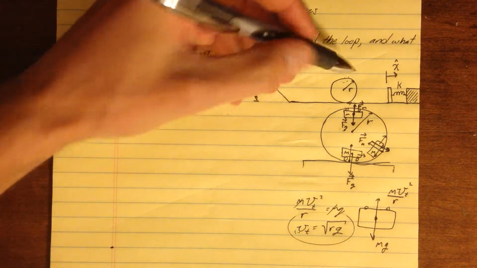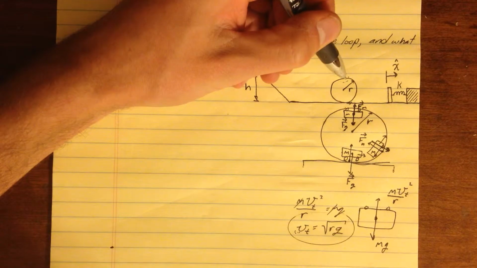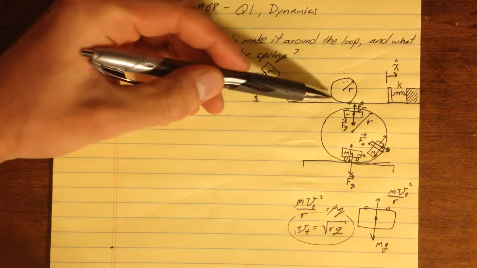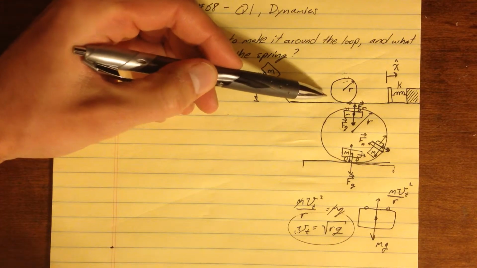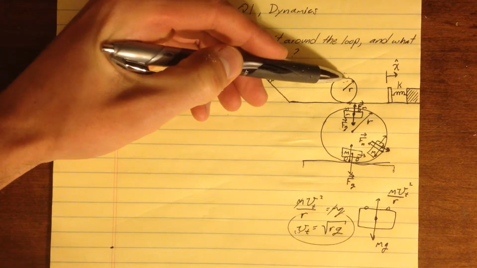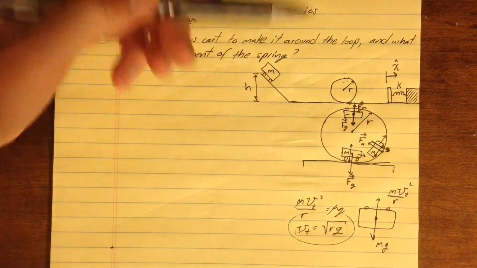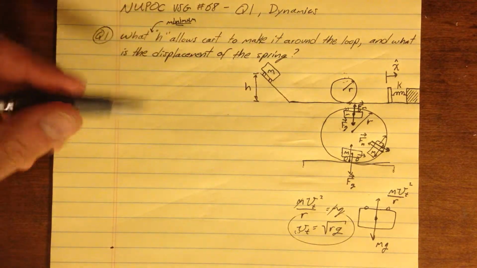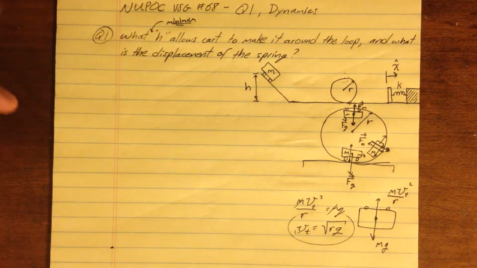Well, now that we know the minimum velocity of the cart at the top of the loop, we can find what the velocity is when it entered the loop, because we can take this potential energy that it gains from coming from the top of the loop back to the bottom and find out what the initial velocity is. We're going to call that v_B for v bottom.